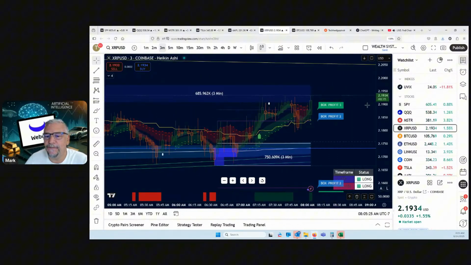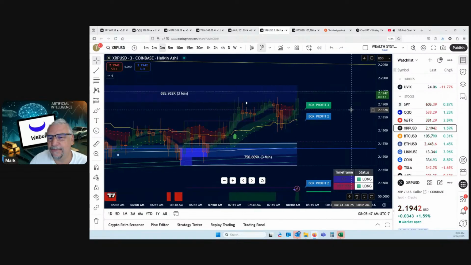So we got 35 seconds. Can XRP break through this resistance? If we can see that, I think we're going to the 220 at least, maybe even the 220.5. So you can see this wick is already higher than these wicks. So to me, that's some strong momentum.